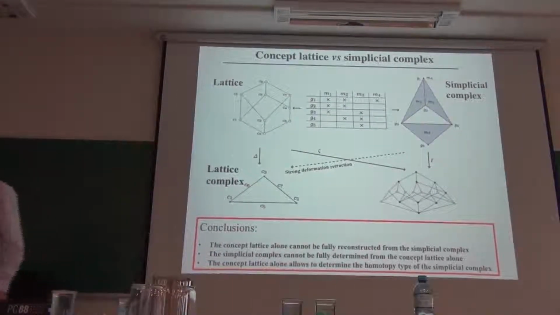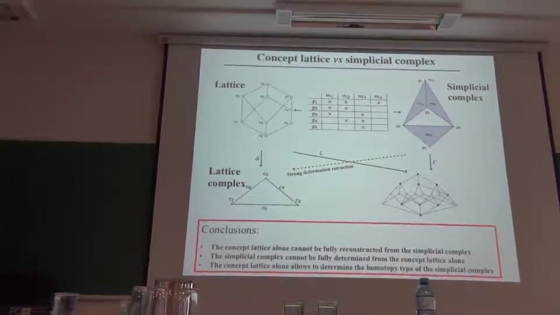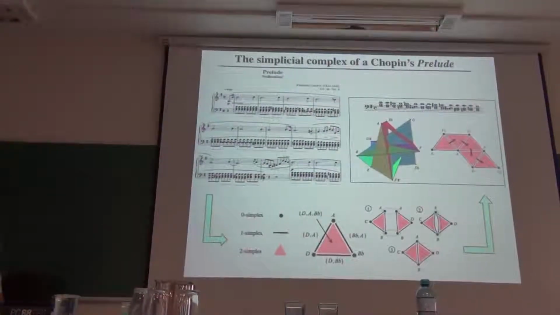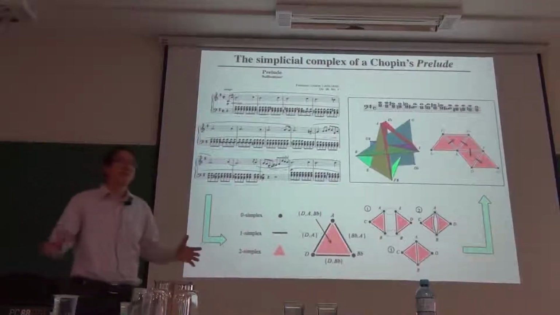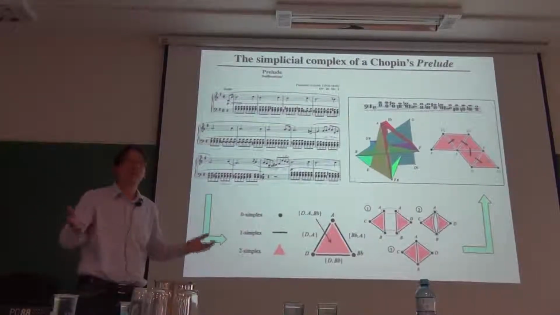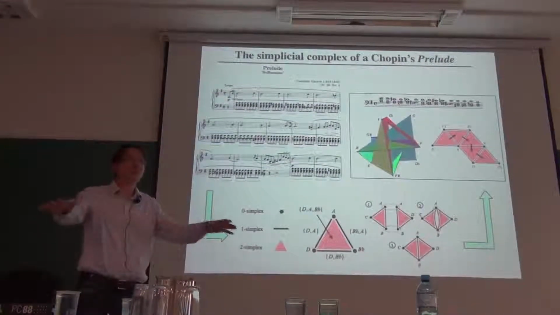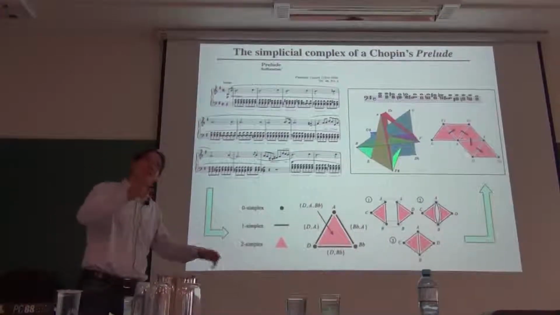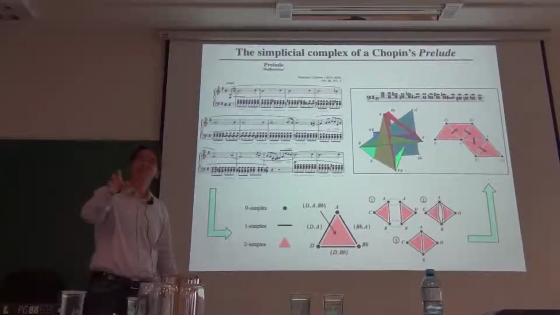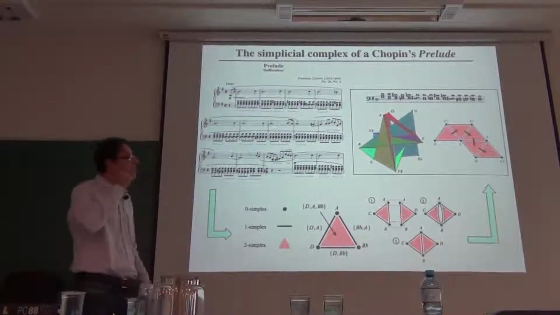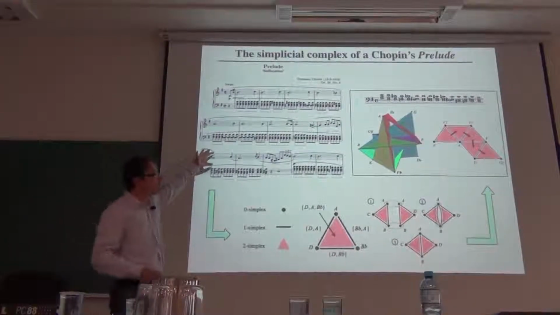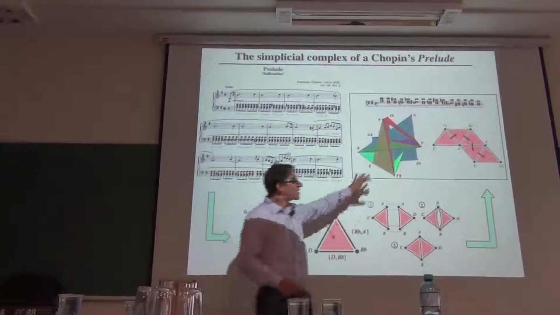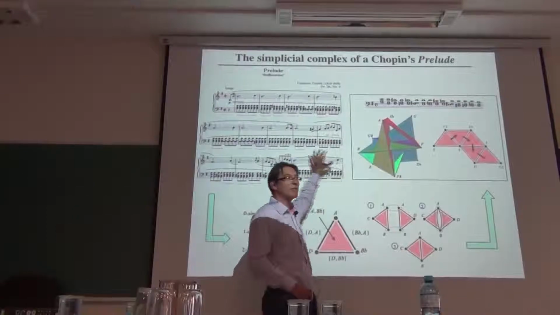Okay, and why are we interested in simplicial complexes? Because, as I said, the tonnetz is a possible way to represent musical structure. It is a space which is given, and then you can see how a piece moves in the space. But you can also think differently: take a piece and try to build exactly the space generated by the piece.